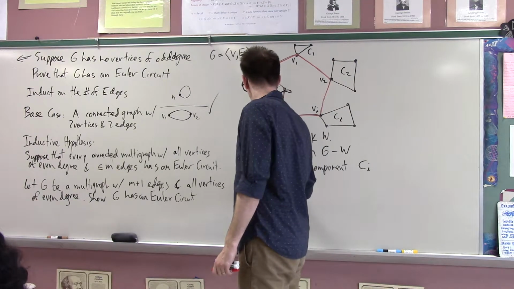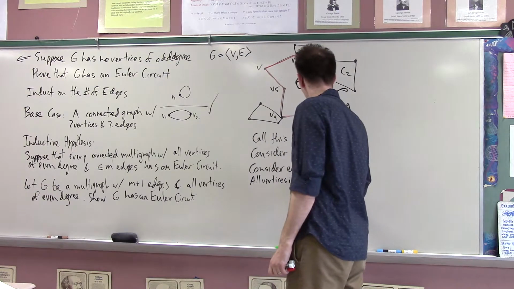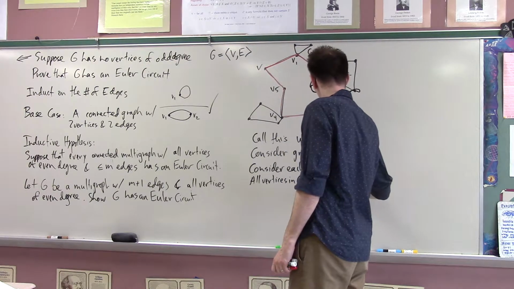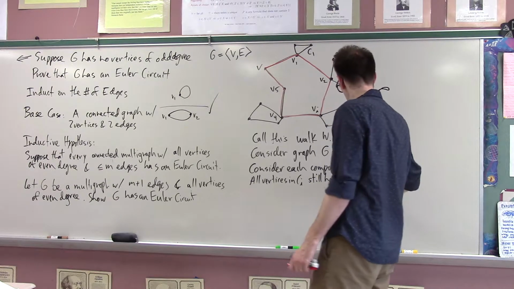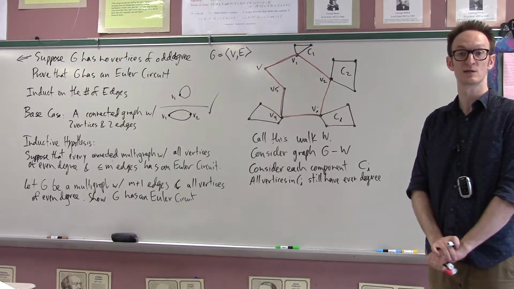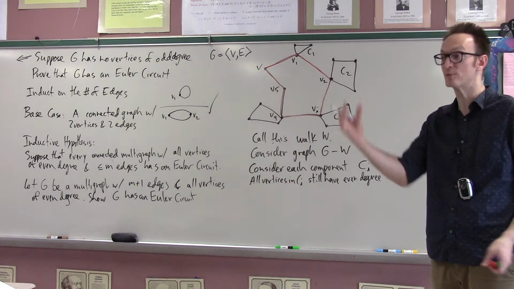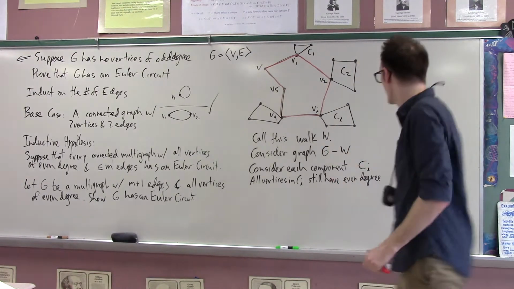All vertices in CI still have even degree, because in this walk I removed only an even number of degrees from each vertex, because when I went in and out, I just took 2 edges away.